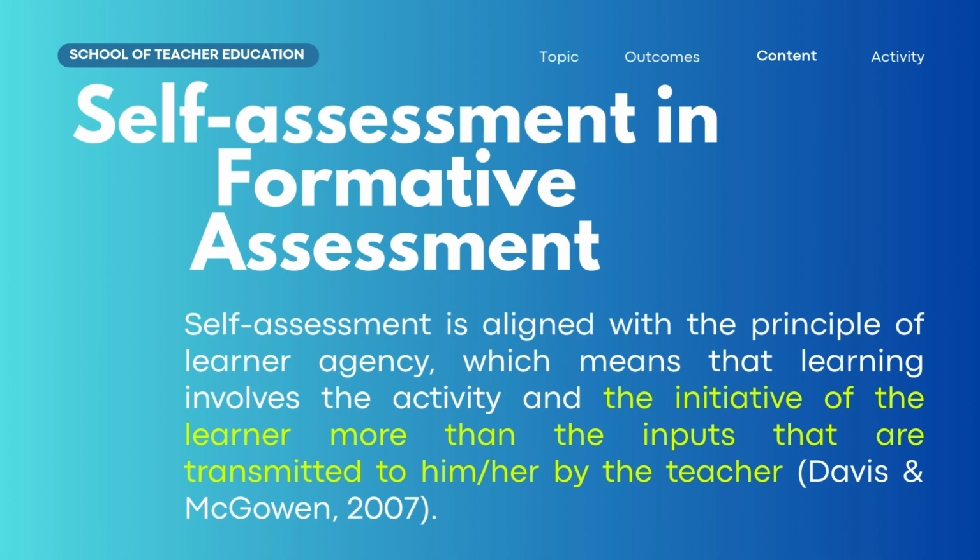A good example would be the KWL strategy, or knowing, listing down what they know first, what they want to learn, and what they have learned at the end of the topic. Though it is subjective to check, it is indeed an additional task for us teachers to check these outputs.